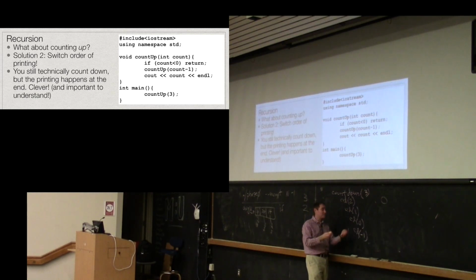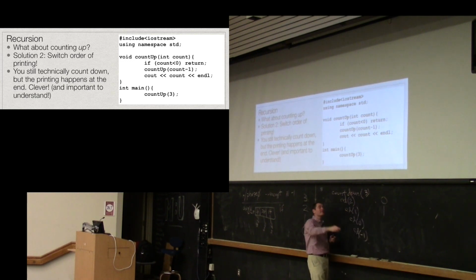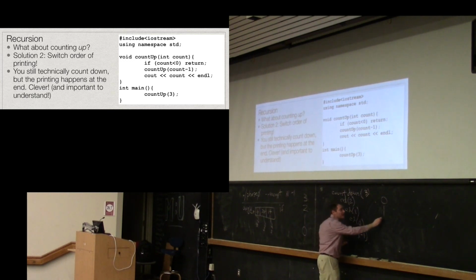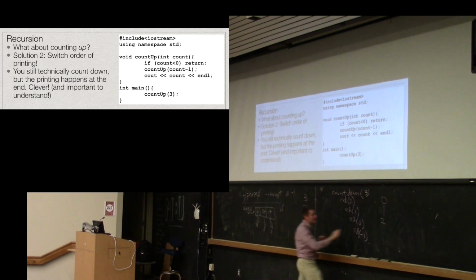And the same thing happens because that ends, and then count up 1 called count up 0. Count up 1 ends up right there. It ends up printing 1. That returns. Who called count up 1? Count up 2 called count up 1, and then 2 prints because count up 1 just returned. Count up 2 returns to count up 3, prints 3.